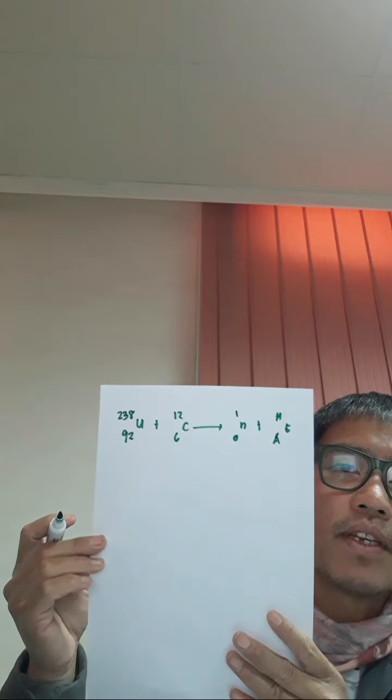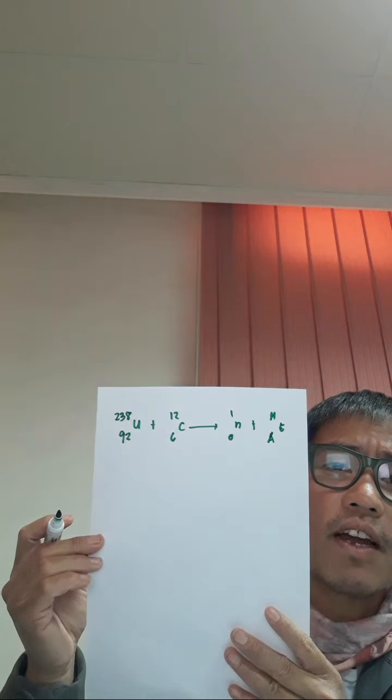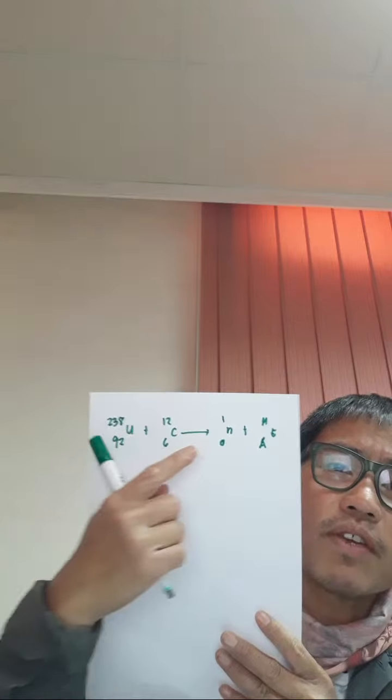That is 1, 0 neutron plus M A E. So we have an atomic number of 6 in the carbon element, and you have to put that as the coefficient of the neutron. So this will become 6, 1, 0, N plus M A E.